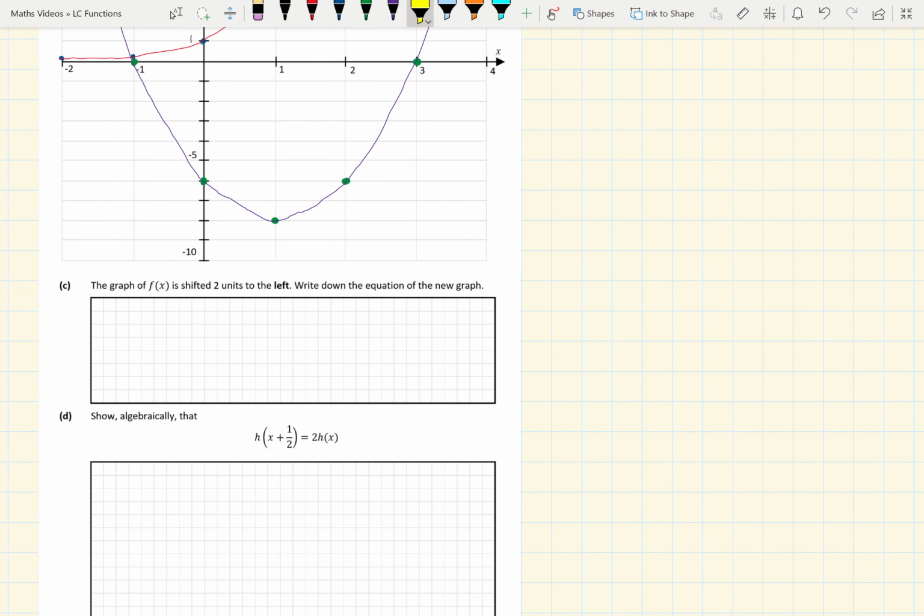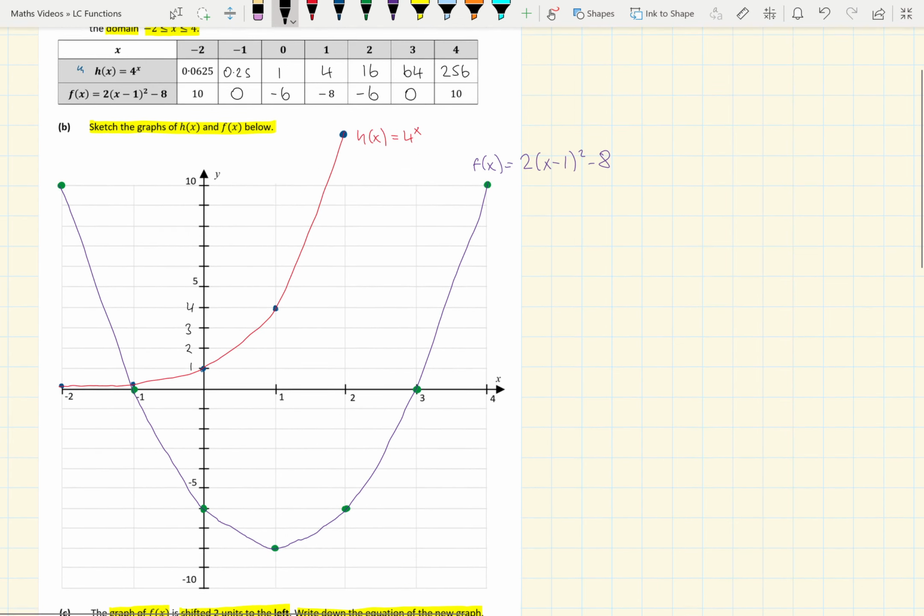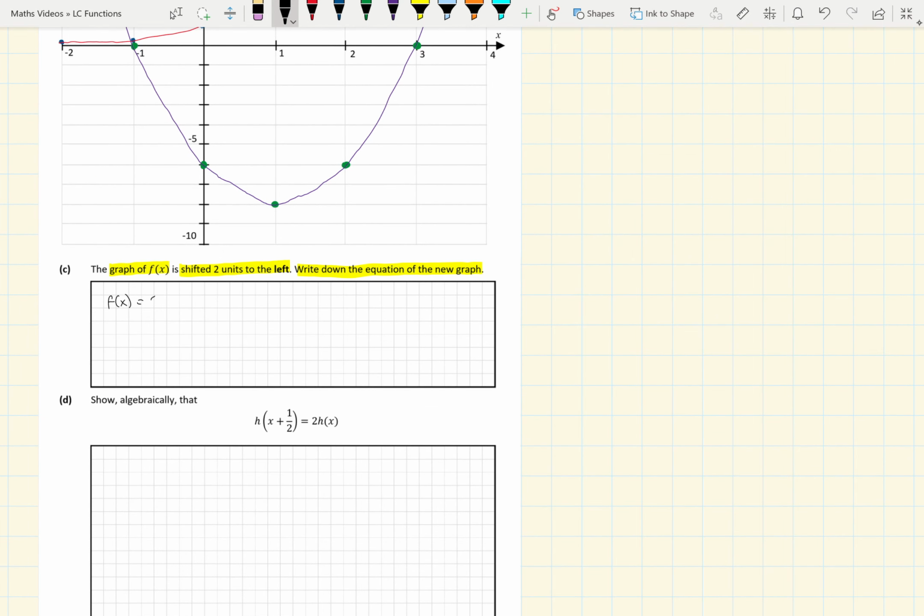Part C now, so they tell us we're dealing with the graph of f of x shifted 2 units to the left. They want the new equation. So f of x we're going to write out is 2 times x minus 1 squared minus 8. So if we move it to the left on our x-axis, then we're going to be adding inside our brackets.